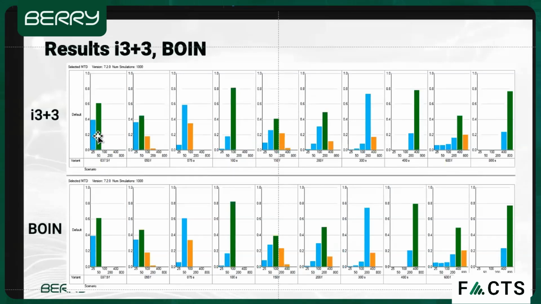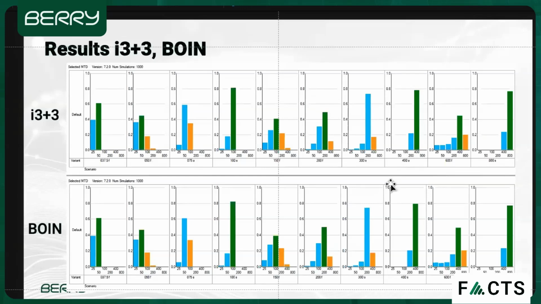If the bar's blue, then that dose was below the target interval. If it's green, it was in the target interval. If it was orange, it was above the target interval, but not unacceptable. And if it's red, and we don't see any red, then it would have been unacceptable.